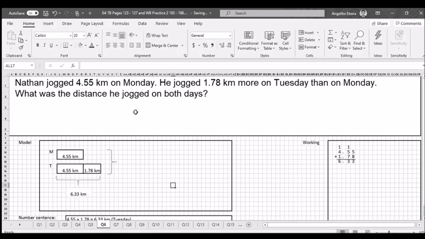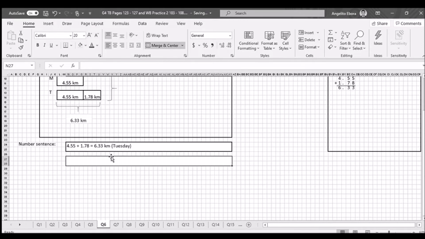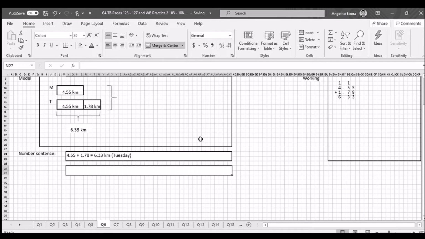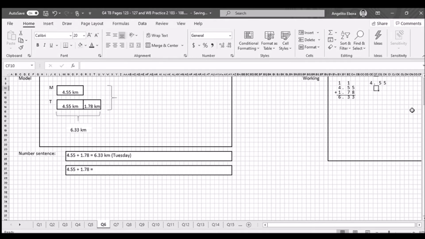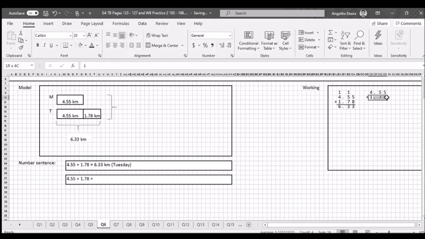So both together, both days, that means we need to add. Just put the unit at the end. Okay, let's do the working. So 4.55 plus 1.78, is add the two.